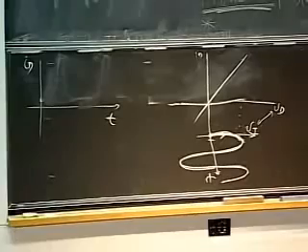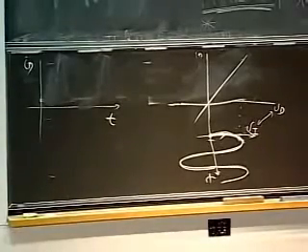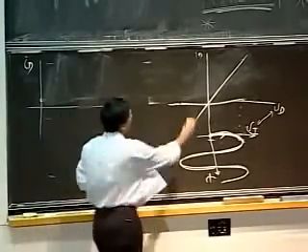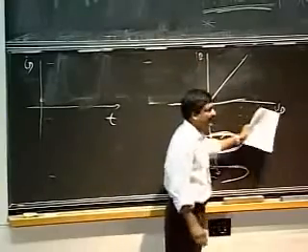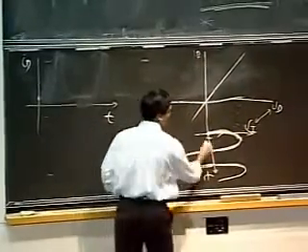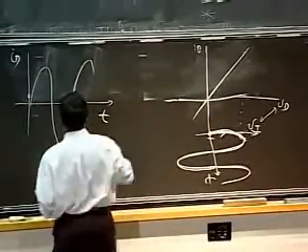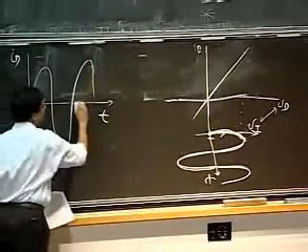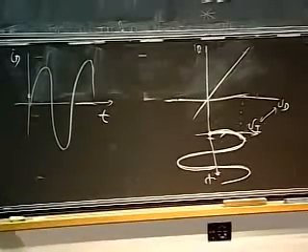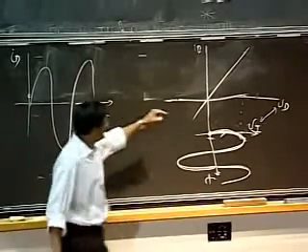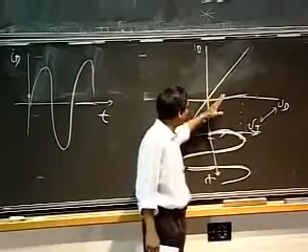Okay, straight line, where the current was linearly related to VD. Then if I had a sinusoid here, I would get a sinusoid here. No distortion there, right?